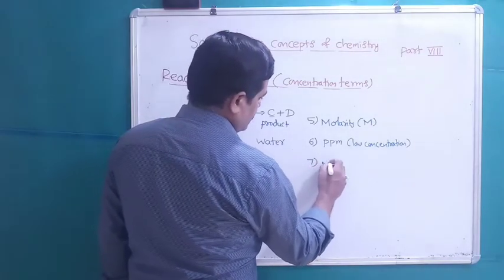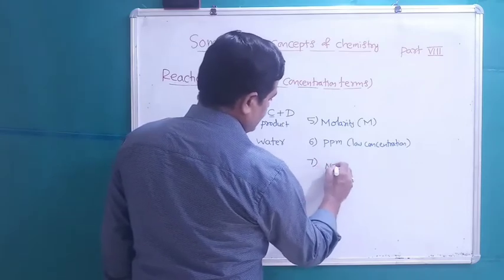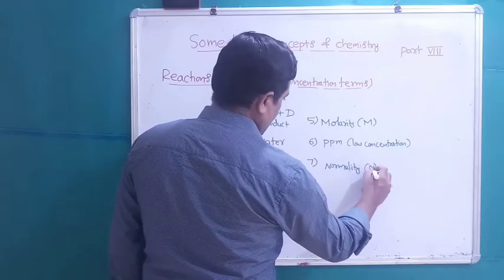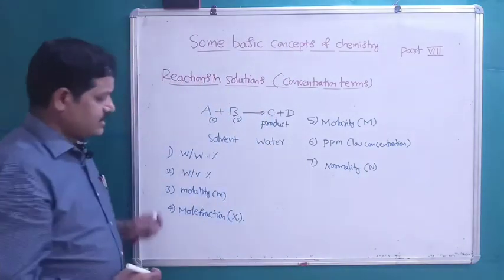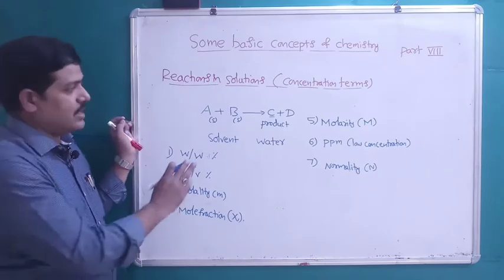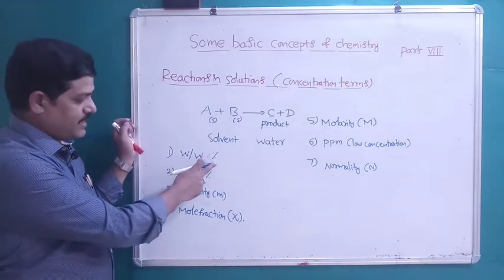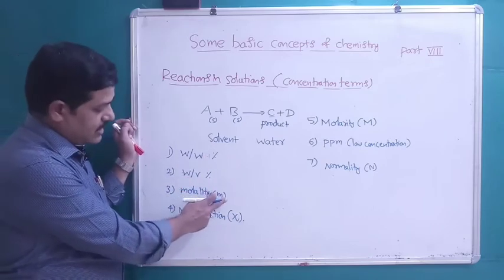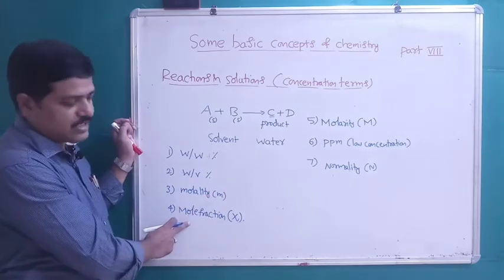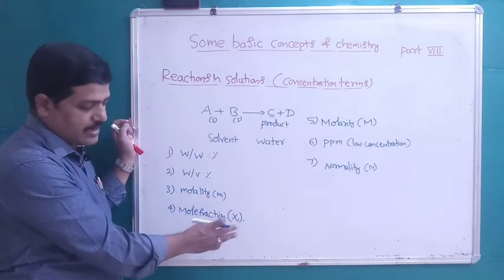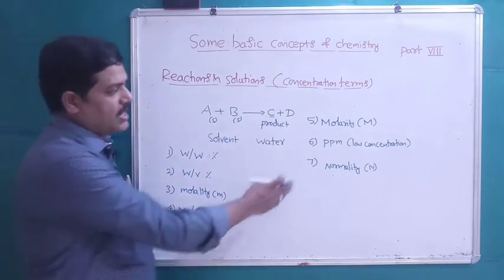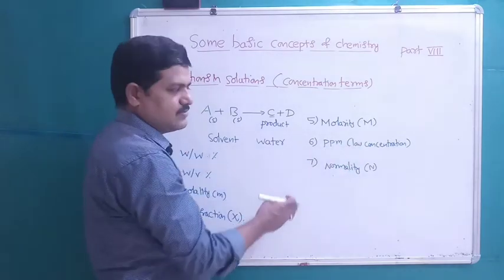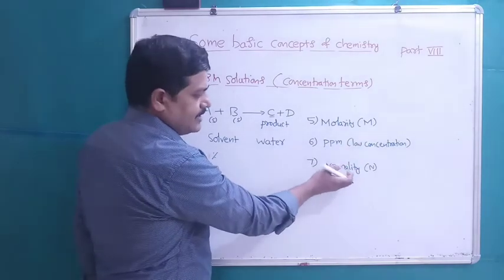And normality, which is indicated with the capital N. Students, there are mainly 7 concentration terms: weight by weight percentage, weight by volume, molality, indicated with the small m, mole fraction with the chi or x, molarity, parts per million, which is used for very small concentrations, and normality.